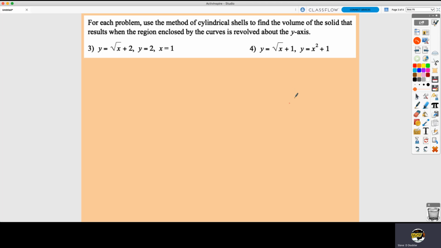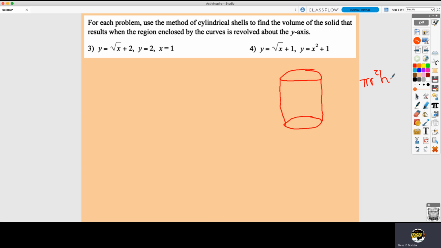So what we have here is, say that we have that water bottle. All right, now normally, do you remember how you find the volume of a cylinder? Right. Pi r squared times the height.